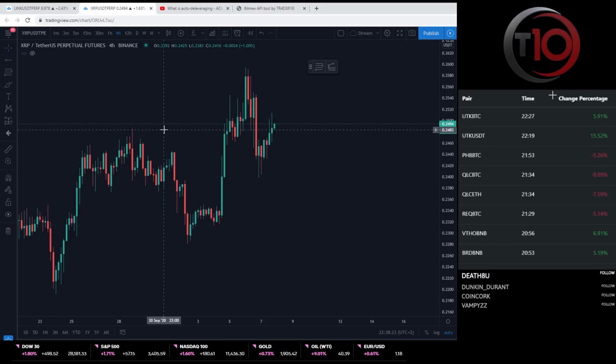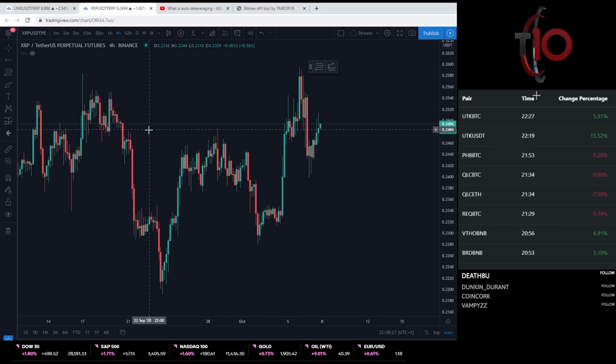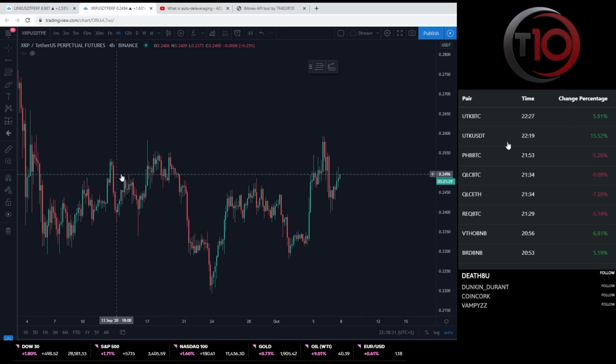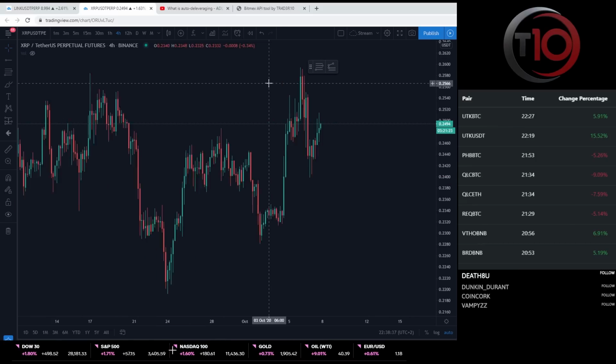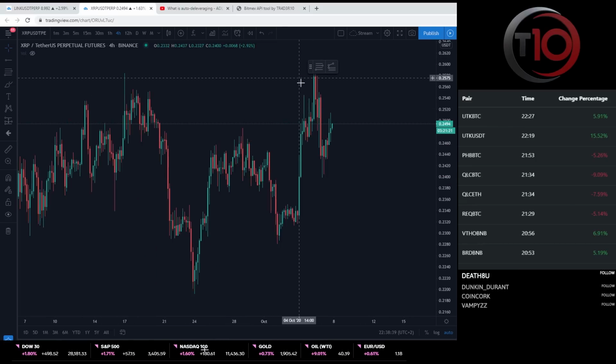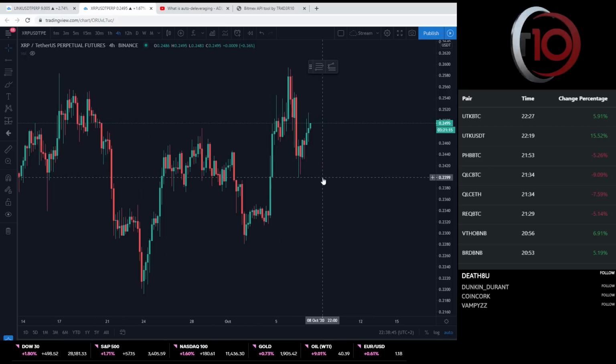Trying to gain this. This is the area we are struggling with now. Yeah. We did lose the move to high, but we held this zone. I'm a little bit undecided on XOP at the moment, to be honest.